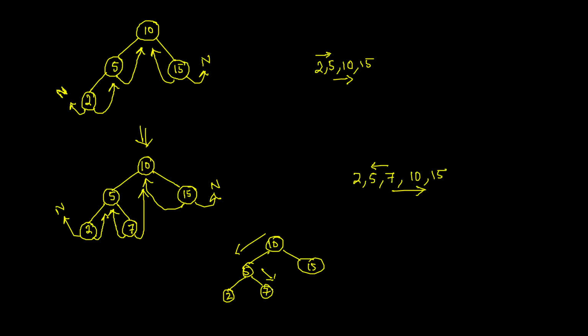So when you try to go back, you cannot go directly to 10, rather you have to go to 5 again and then 5 to 10. Now revisiting this 5 is useless. To avoid this revisiting, this thread has been created, and this is what a thread actually is.